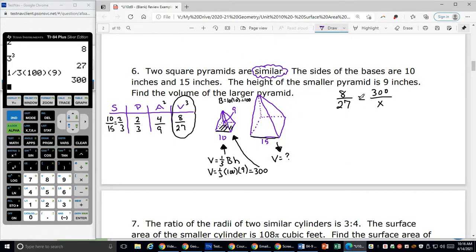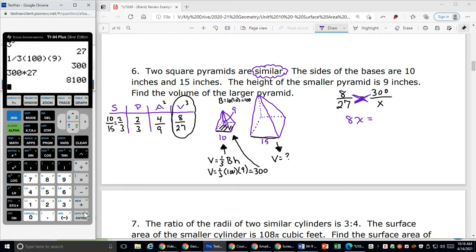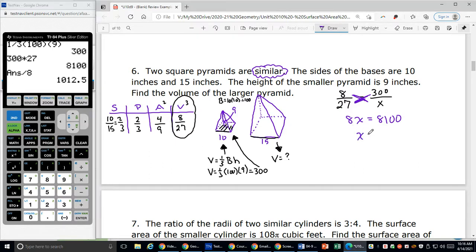When I cross multiply, I'm going to get 8 times x and 300 times 27, which is 8,100. And then I'm going to divide by 8. And that gives me x equals 1,012.5.